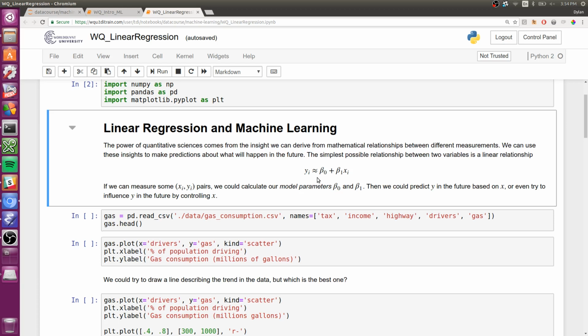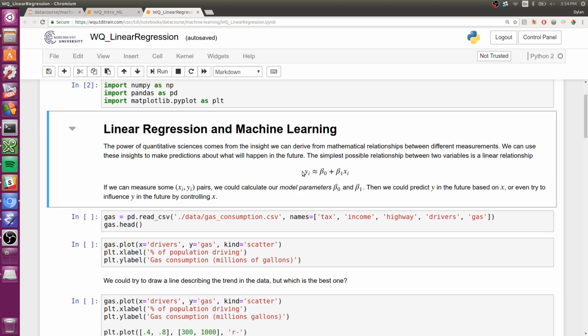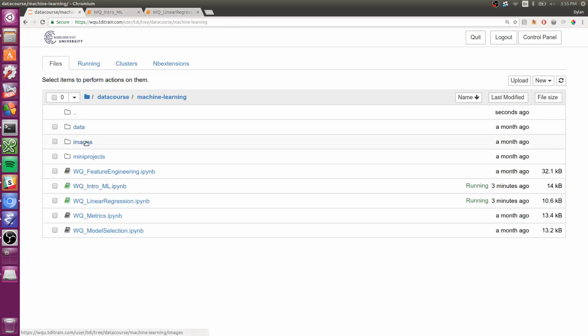To do that, we have to define what we mean by making this approximation as good as possible. Or, what the best fit, what the line of best fit, how is that defined? And this gets into the idea of metrics, which we'll talk about in subsequent lectures.